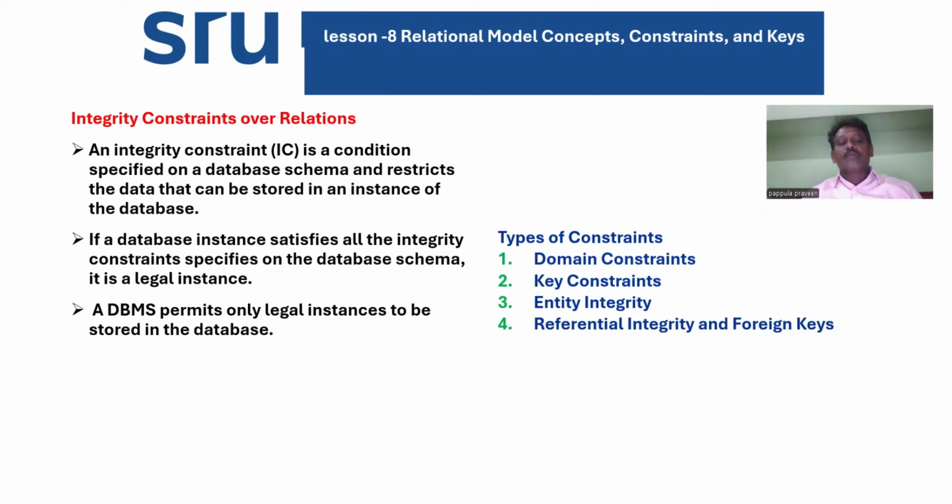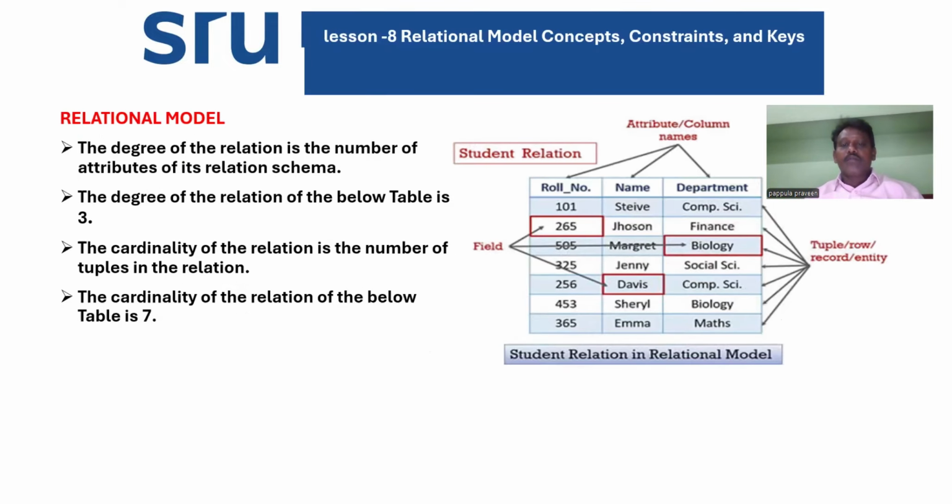The DBMS permits only legal instances to be stored in the database. So the types of constraints are: domain constraints, key constraints, entity integrity constraints, referential integrity, and foreign keys. Key constraints are very important. In our previous model, roll number is the key constraint.